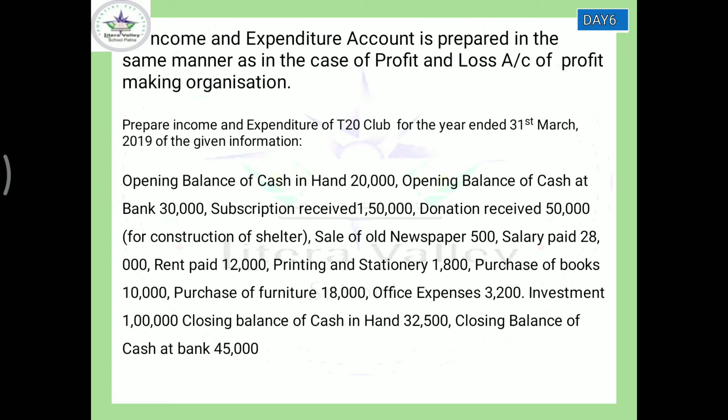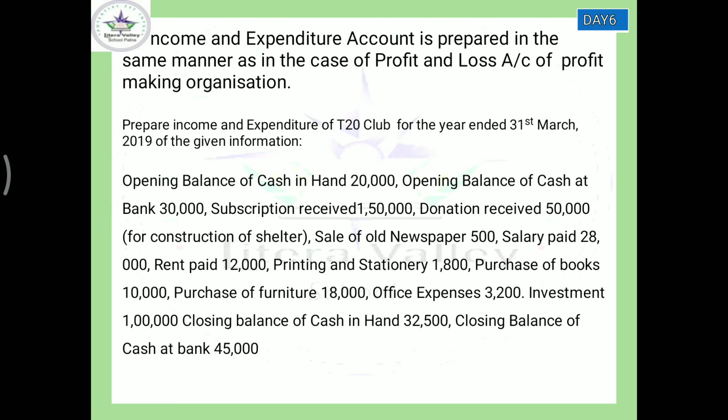Same for furniture. Office expenses will be expense. Investment again is an asset. Then you can find the closing balance of cash in hand and cash at bank. So now I'll come to the next slide.